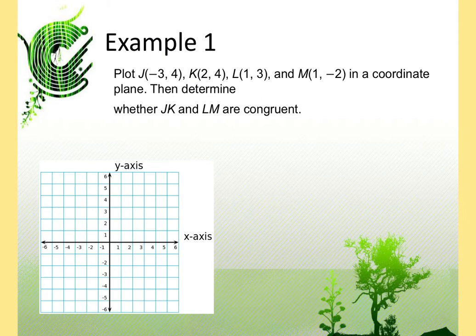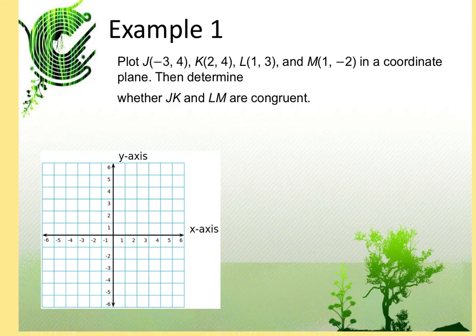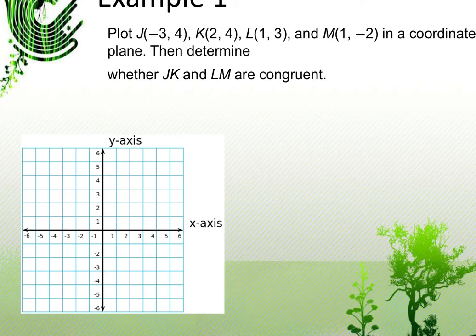All right, so example 1 says plot these 4 points in a coordinate plane and then determine whether JK and LM are congruent. So we're going to plot them. J is negative 3, 4, so I'm moving left 3 and up 4.